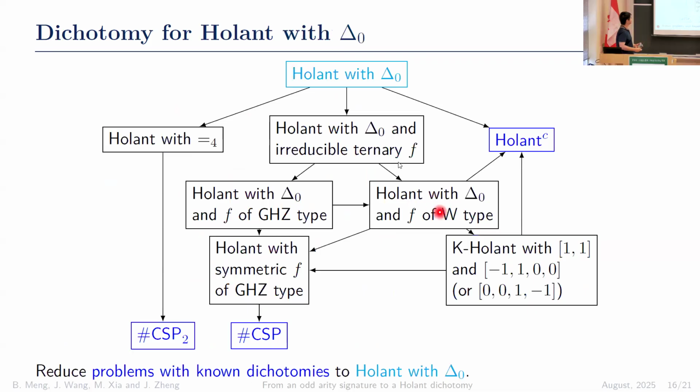Then we go on with the Holant problem with a delta zero signature. Remember that in the previous dichotomy, there is a dichotomy for Holant C problems where both delta zero and delta one are available.